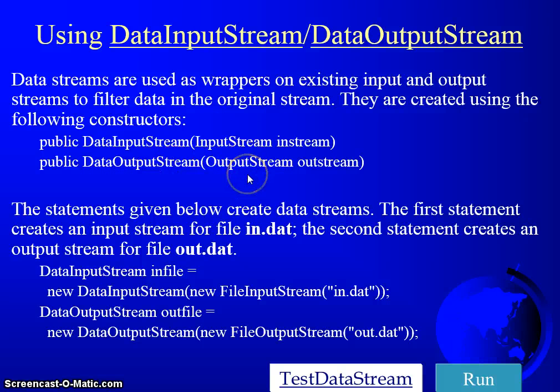Now, when you want to deal with a file, and this is a binary file, normally it can be any file type. In this case, we can use .dat, to represent data. So if I want to get a data input stream, inFile equals new DataInputStream and new FileInputStream. Same with the data output stream, outFile, new DataOutputStream. So this is when you start to create objects.